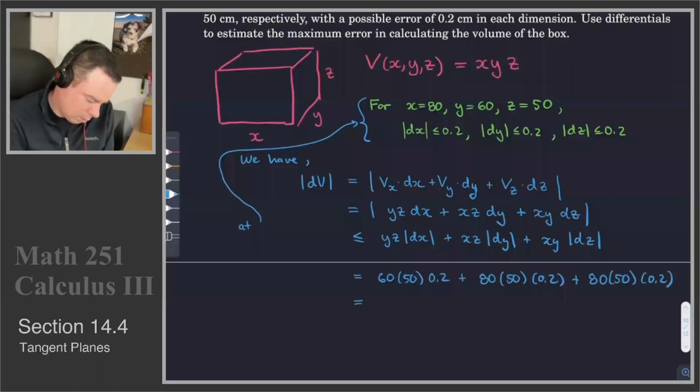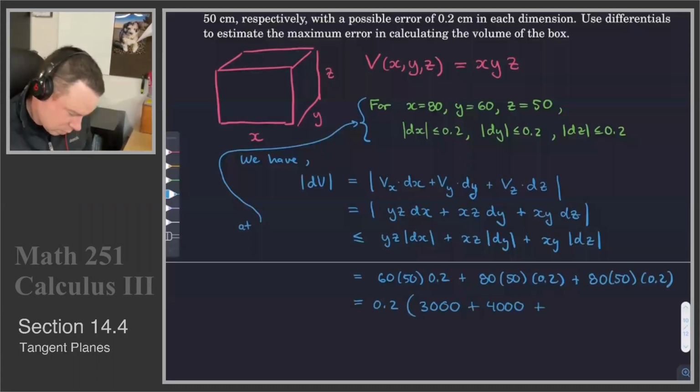So that's going to be 0.2 times, what do we have? 60 times 50, so 6 times 5 is 30, times 10 times 10 is 3,000. So we've got 3,000 plus 80 times 50, that's 4,000.